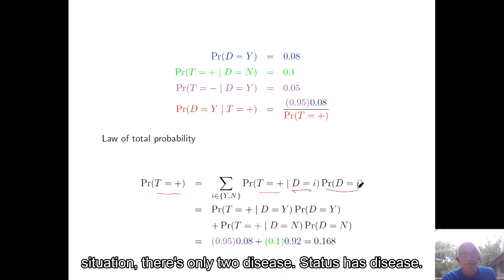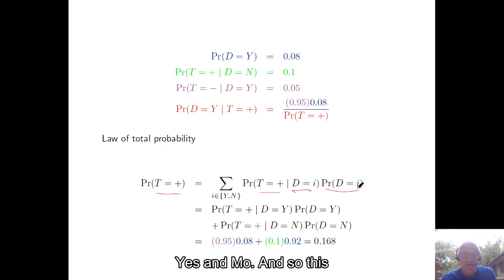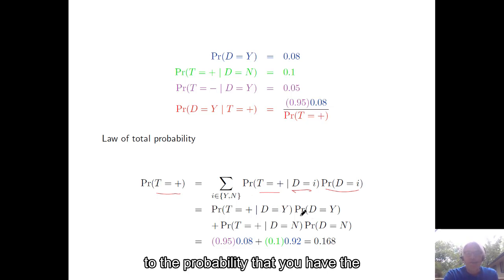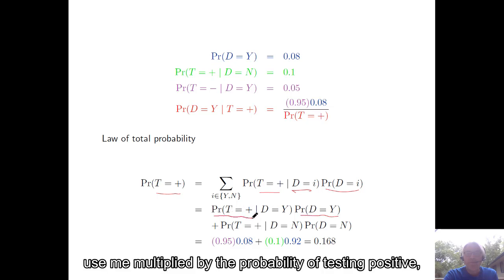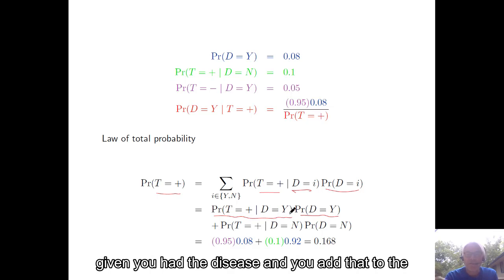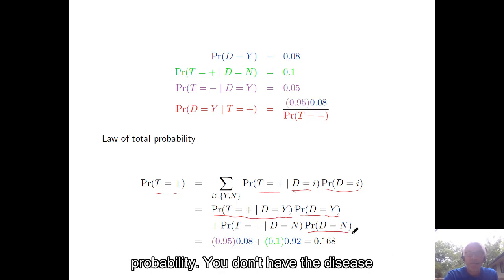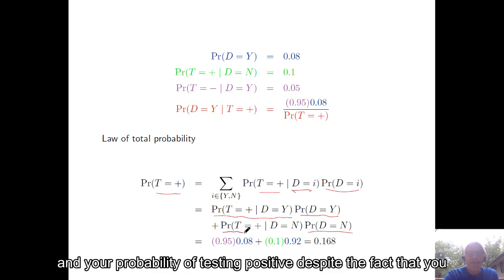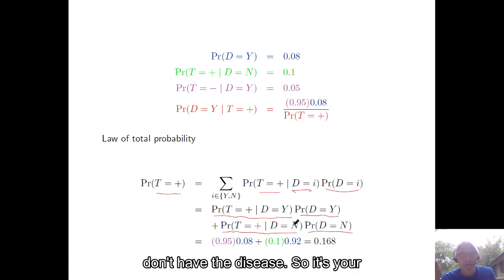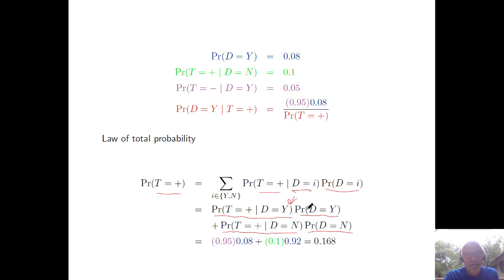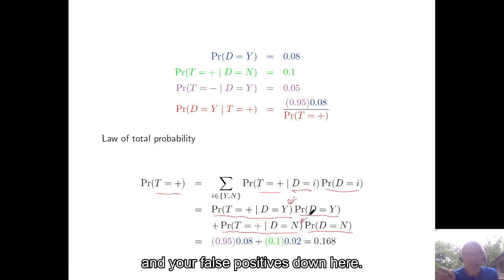So in our situation, there's only two disease statuses, disease yes and no. And so this summation just expands to the probability that you have the disease multiplied by the probability of testing positive given you have the disease, and you add that to the probability you don't have the disease and your probability of testing positive despite the fact that you don't have the disease. So it's your true positives here and your false positives down here.